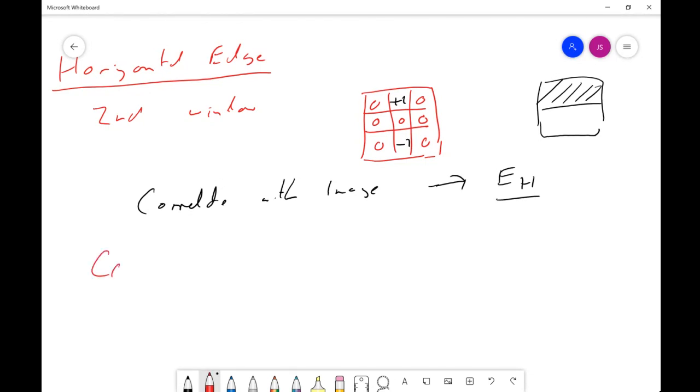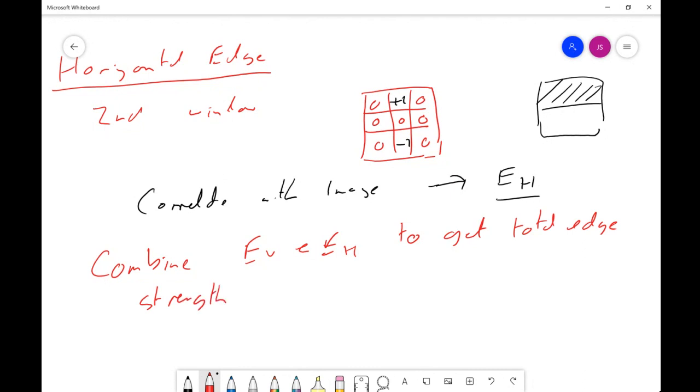Next step, combine EV and EH to get total edge strength. And there's 2 ways of combining.